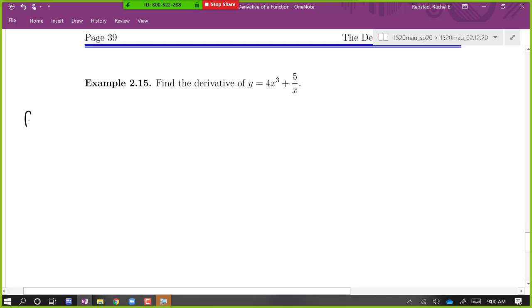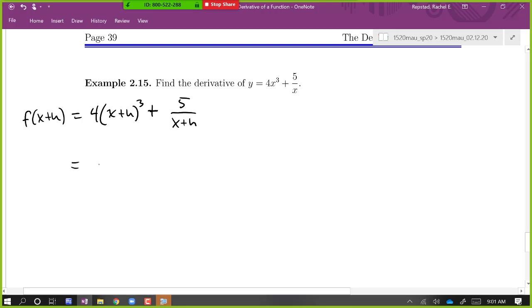We start off the same way. We need f of x plus h. So we're going to replace x with x plus h. Oh, that's a plus. Sorry. Plus 5 over x plus h. Now that polynomial part, we're going to do what we usually do with polynomials. We're going to expand it, right? So Pascal's triangle, right?